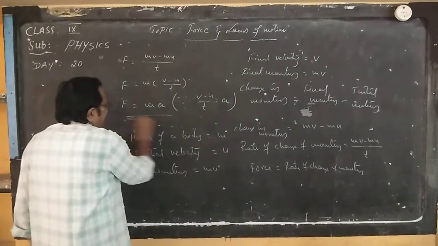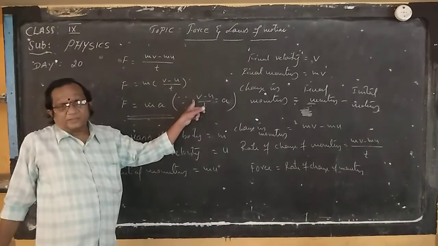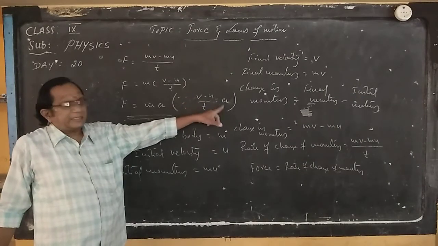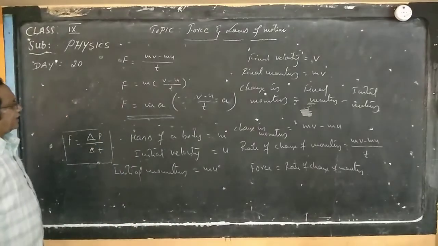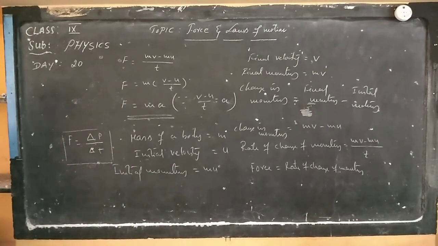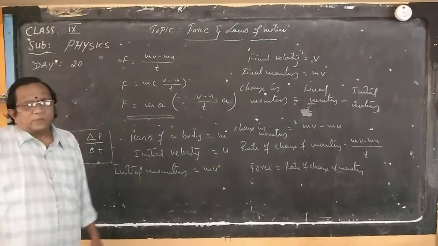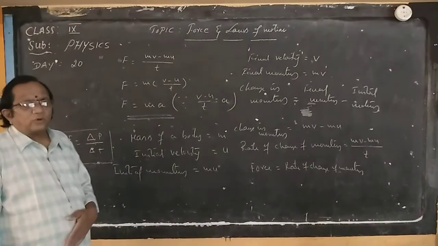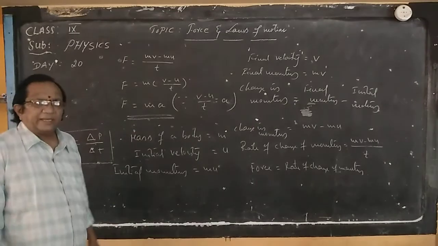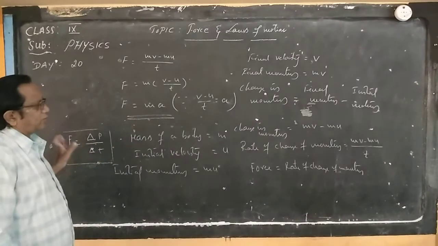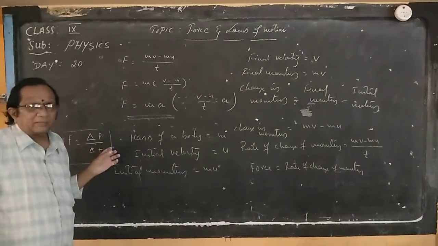We know this, no? The rate of change of velocity is called acceleration. So we get the formula F is equal to ma. So from the force and momentum relation also, we get F is equal to ma. So this is about the relation of momentum and force.